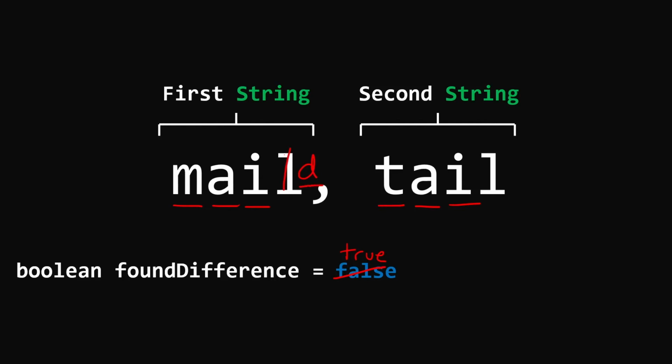Well, we would see the D and the L, they do differ. So if the characters on this iteration of the for loop don't equal each other, we would say if found difference is equal to true, which it is because we already found a difference. Now this means we found a second one. Well, then we just return false, and that means this is more than one edit away.